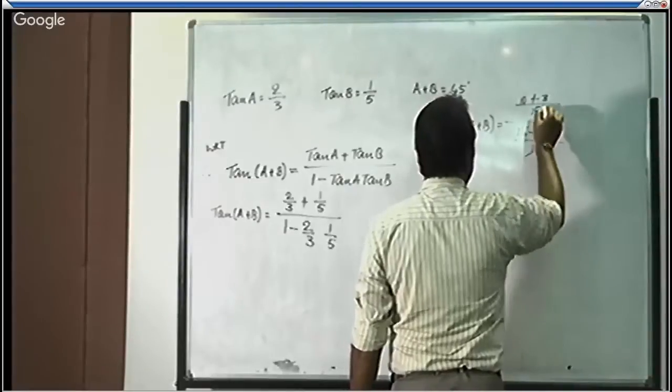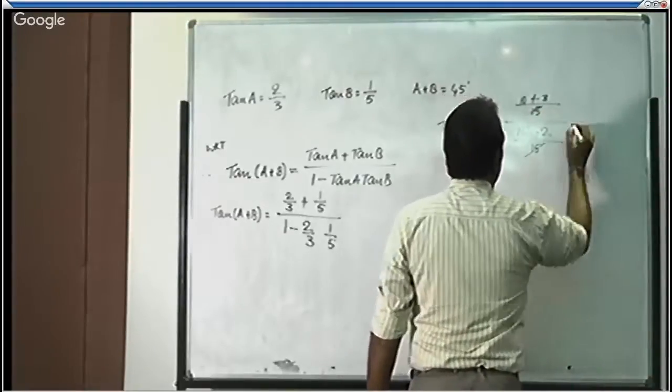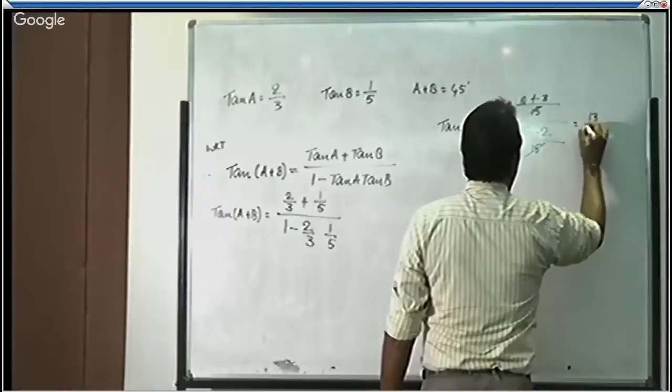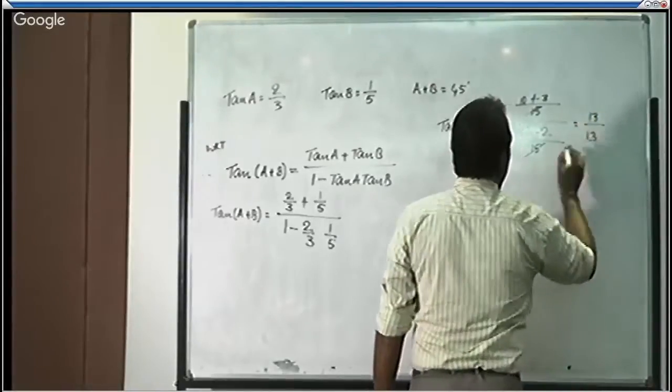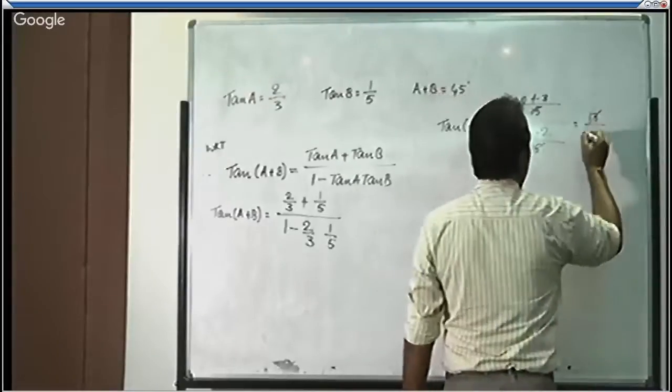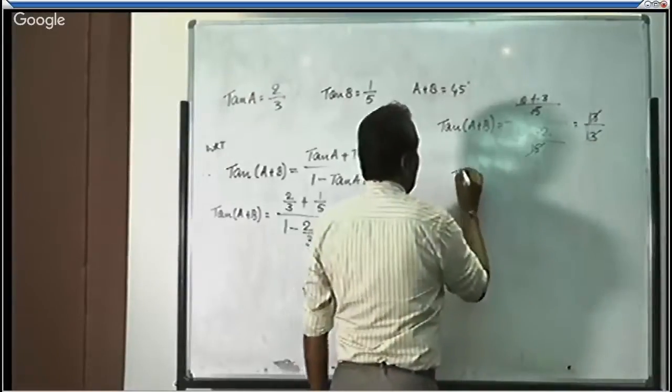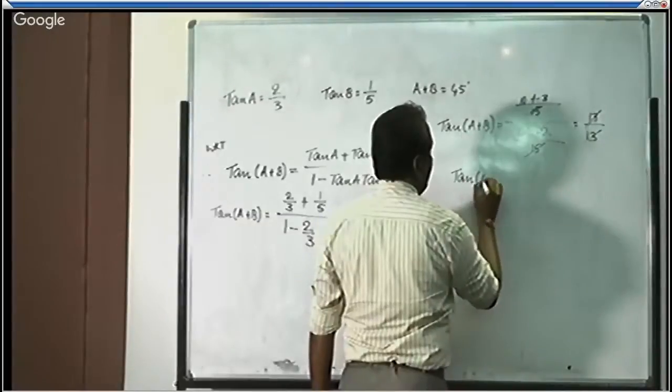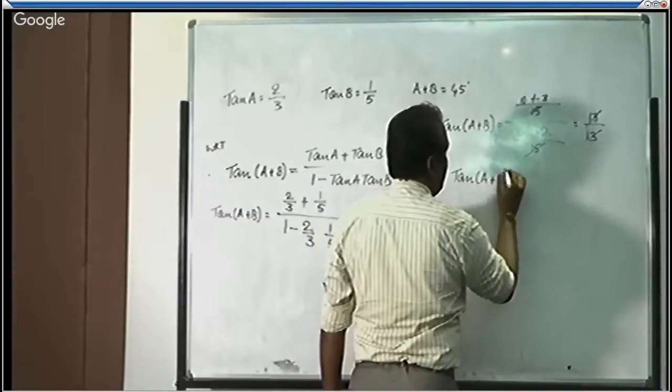This 15 gets cancelled. So you will get 13 in the numerator and 13 in the denominator, because 10 plus 3 is 13 and 15 minus 2 is also 13. By cancelling these two, you will get tan of A plus B is equal to 1.